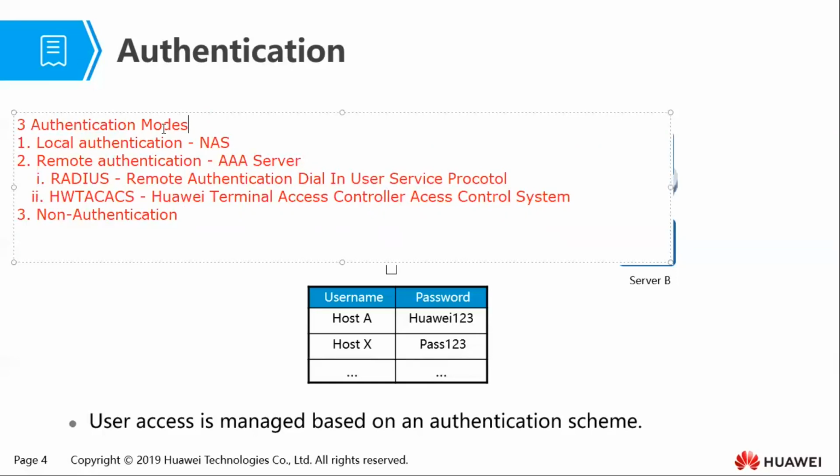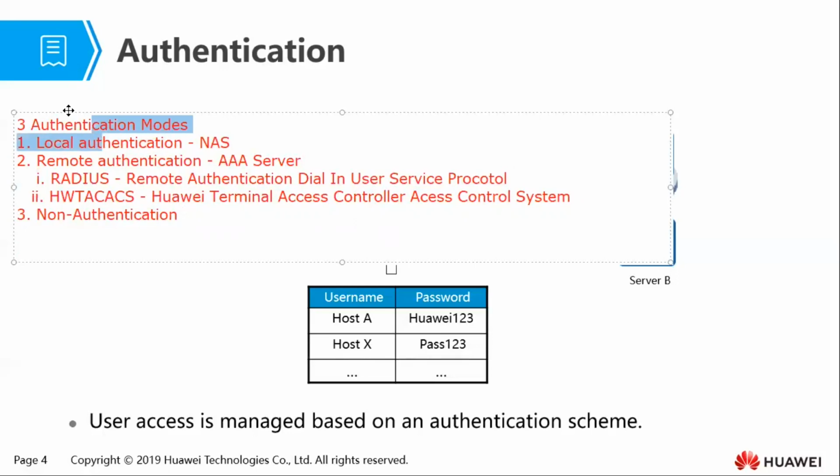So if you begin configuring remote authentication before local authentication, then the user will first be authenticated by the remote server, then authenticated by the NAS. Whichever you configure first is the one that is going to be executed first.